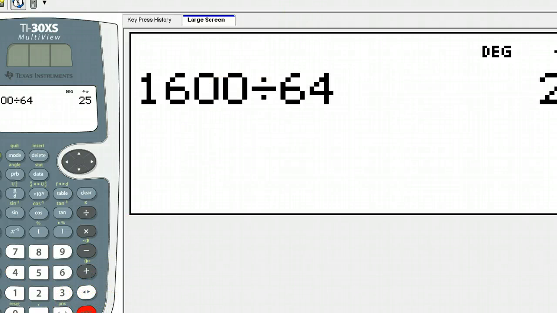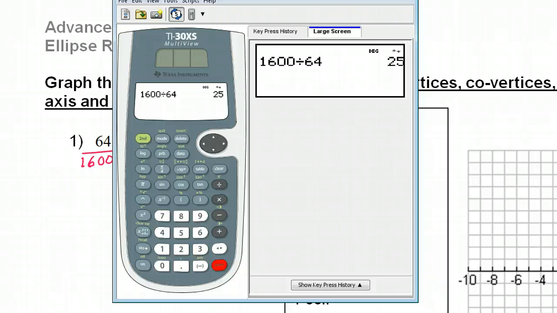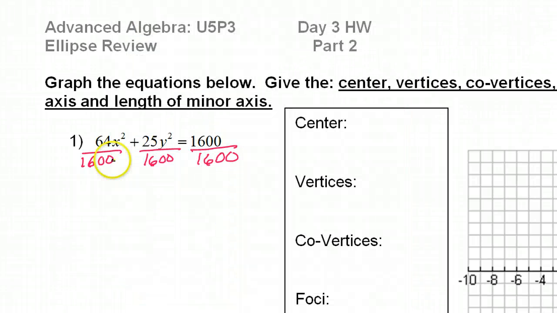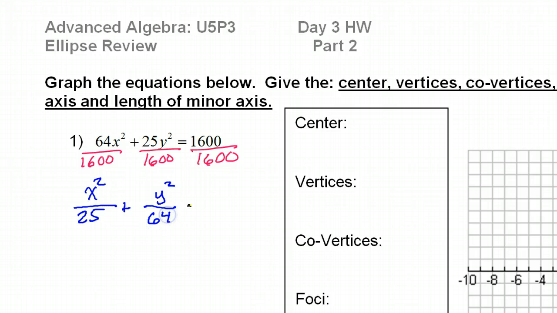Apparently it goes in 25 times. So this is going to be x squared over 25. That means 25 must go into 1600 64 times, so this will be y squared over 64 equals 1.